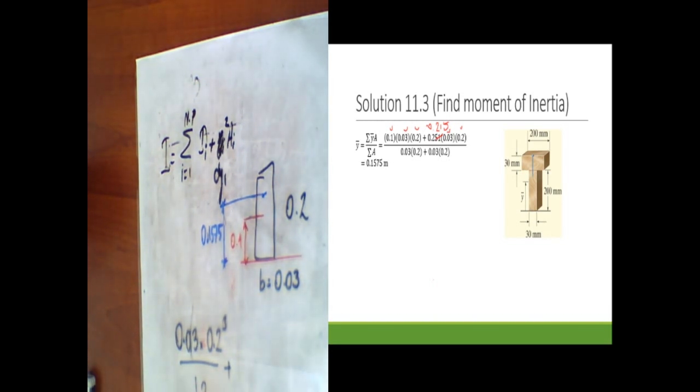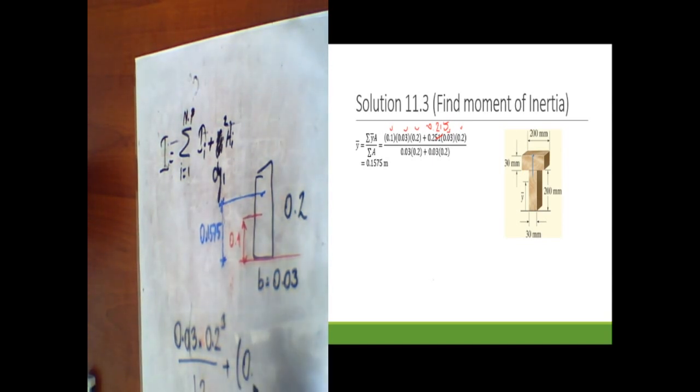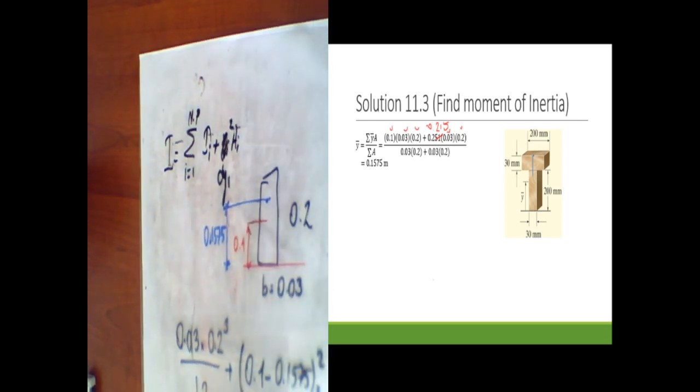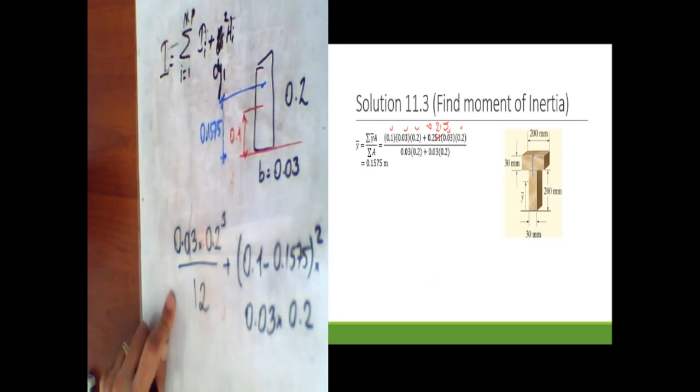I subtract these values: 0.1 minus 0.1575, squared, times area. The area is 0.03 times 0.2. This is the first part.